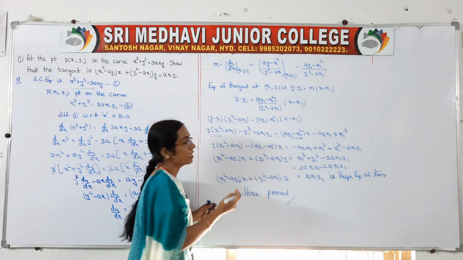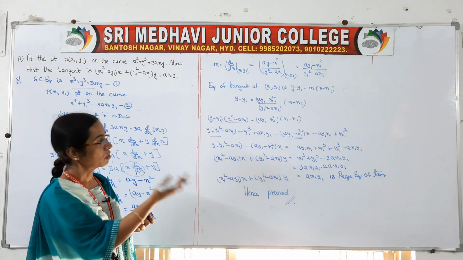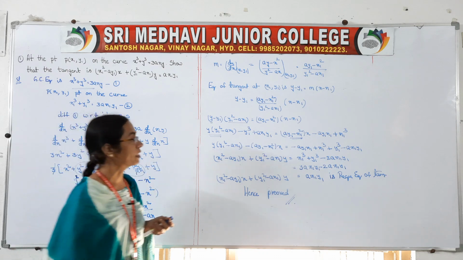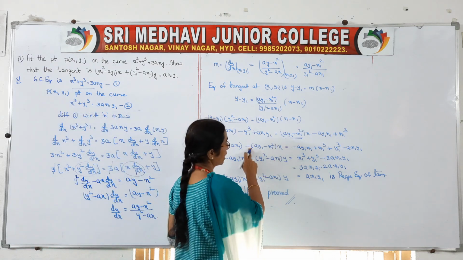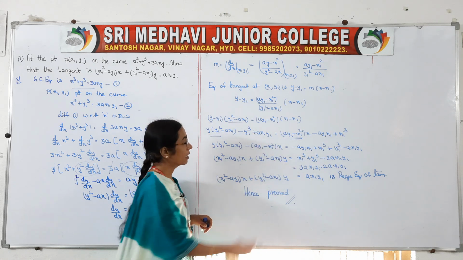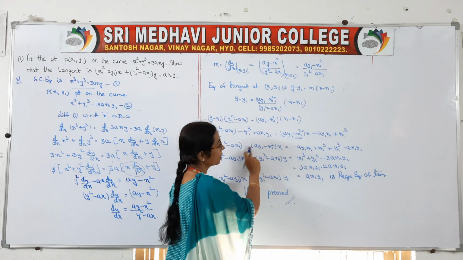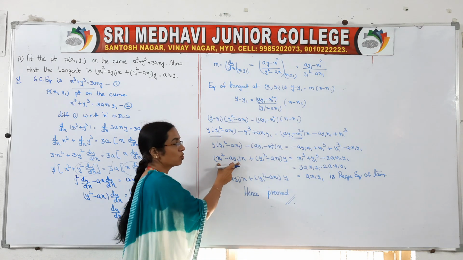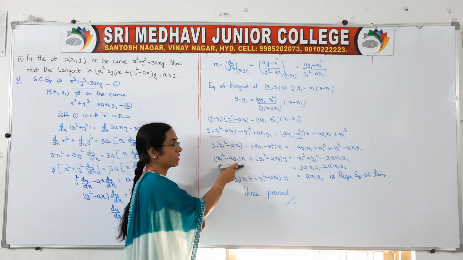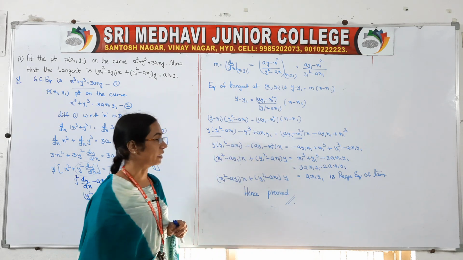Generally a line equation means the x term, then the y term should come. So bring that x term also to this side. It becomes minus. Then you send the minus inside the bracket. Then this minus of minus becomes plus, and this becomes minus.